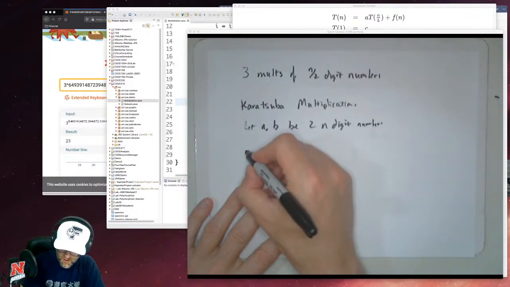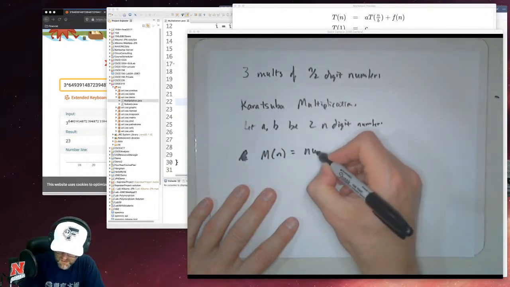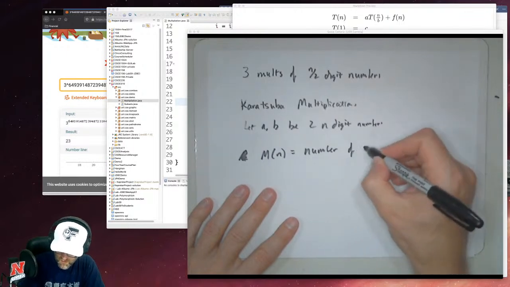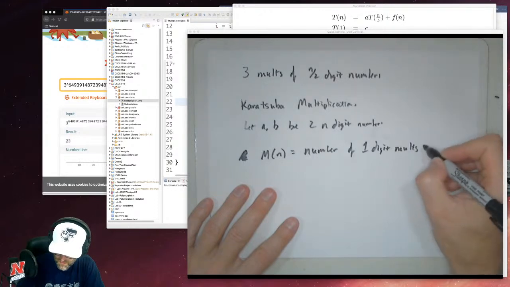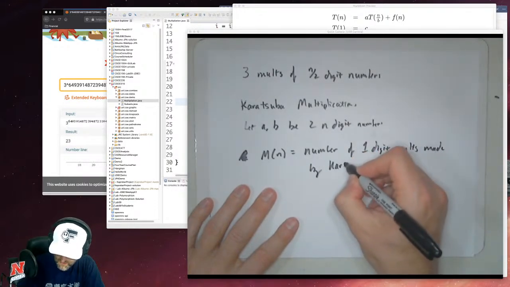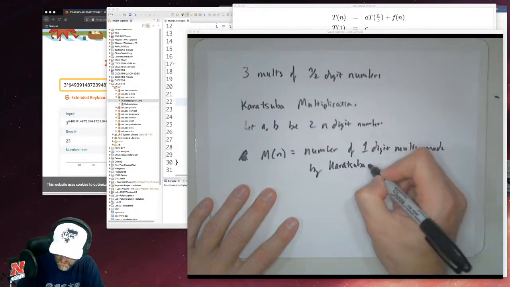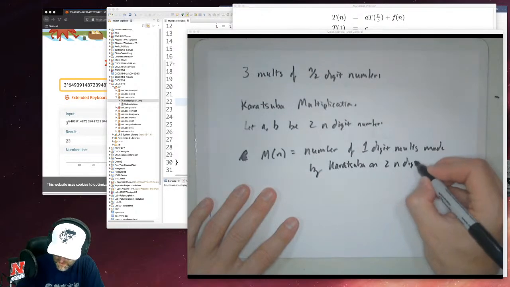Let's set up our recurrence here. And in fact, I'm going to use m. Let m sub n be the number of one-digit multiplications made by Karatsuba on two n-digit numbers.